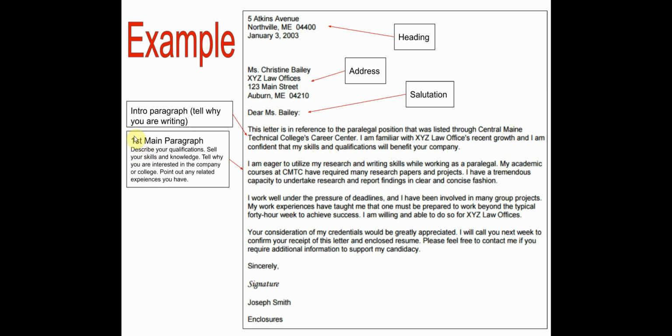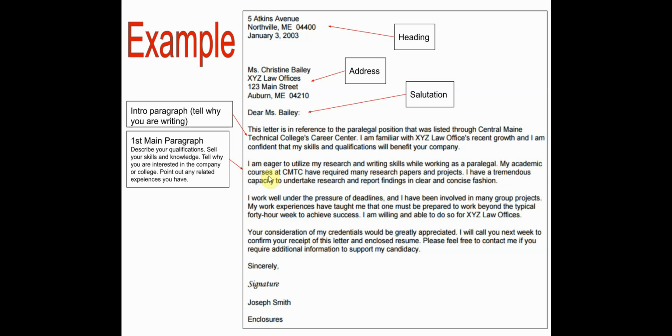The first main paragraph is where you start to tell your skills and sell them. "I, see, first person pronoun, am eager to utilize my research and writing skills while working as a paralegal.